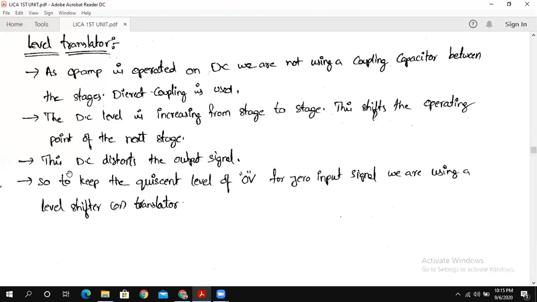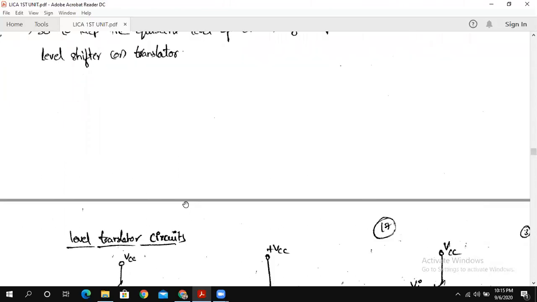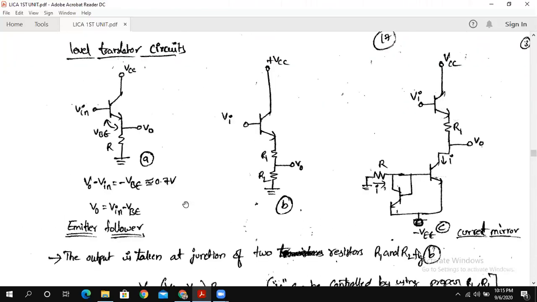That is, the op amp performance will be distorted because of this DC. Because of that, we use a level translator, which keeps the quiescent level of 0 volts for 0 input signal. It is also called a level shifter or level translator.